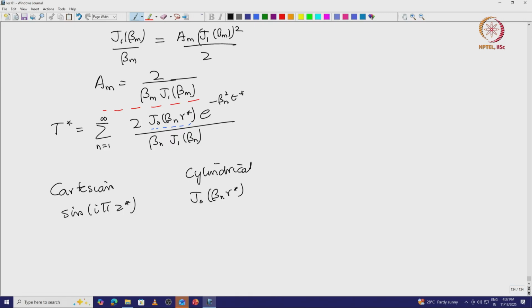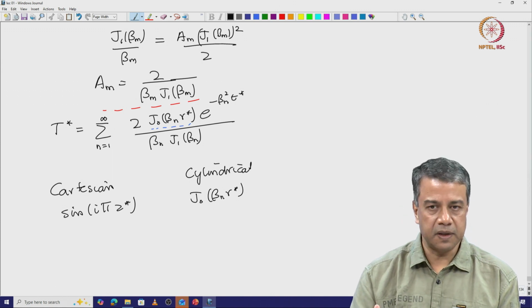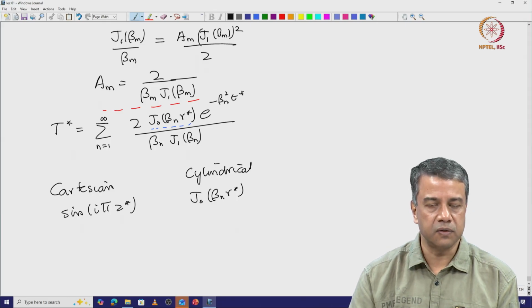And these followed orthogonality relations. If you multiply two different functions and integrate, you get 0.